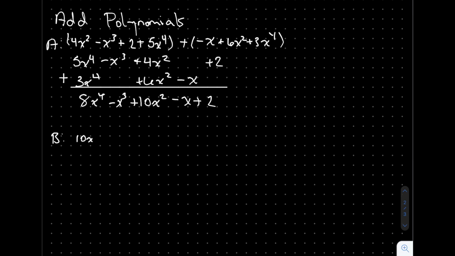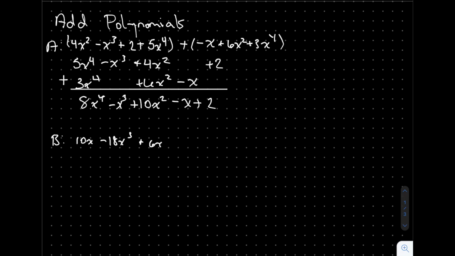Now let's try another one. 10x minus 18x cubed plus 6x to the fourth minus 2.